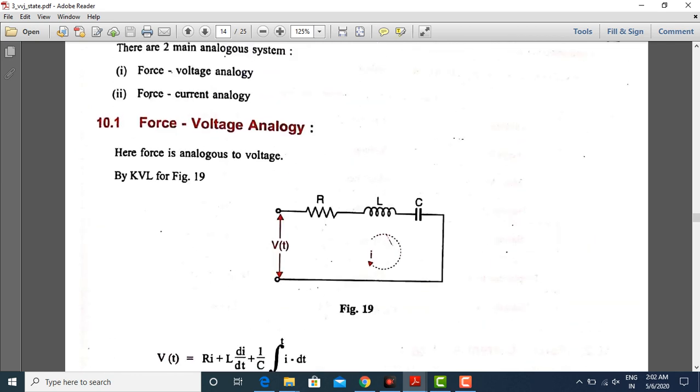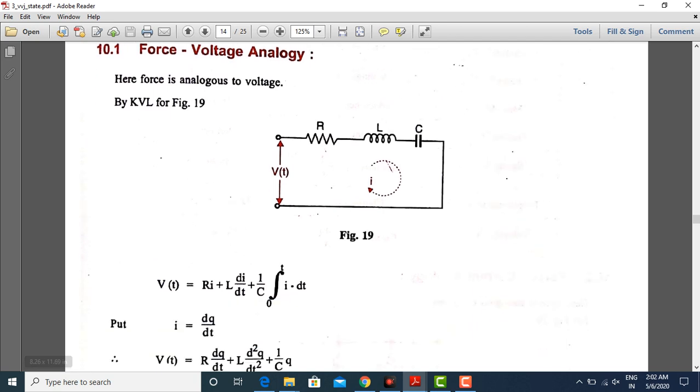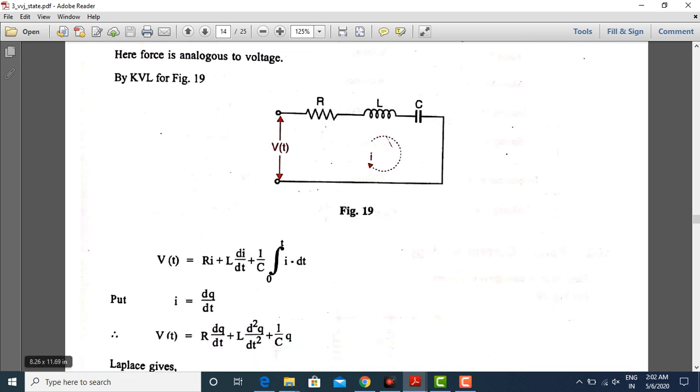Here we can see the RLC circuit. Just apply the KVL. We know that I equals dq by dt, the rate of change of charge. So V of t will be R into dq by dt, just putting I equals dq by dt.